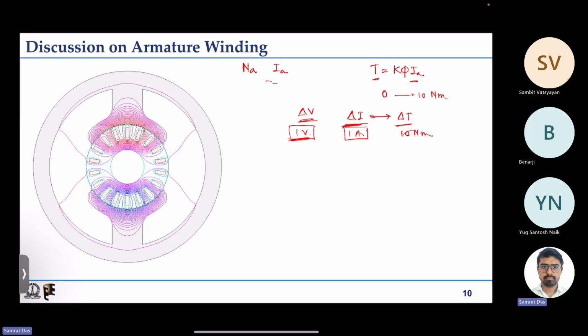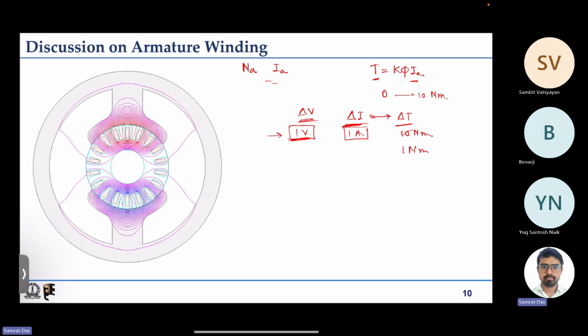On the other hand, say 1 volt is still the minimum delta V that we can have, and the corresponding delta I is 1 ampere, but now 1 ampere change corresponds to only 1 newton meter torque, rather than 10 newton meter.